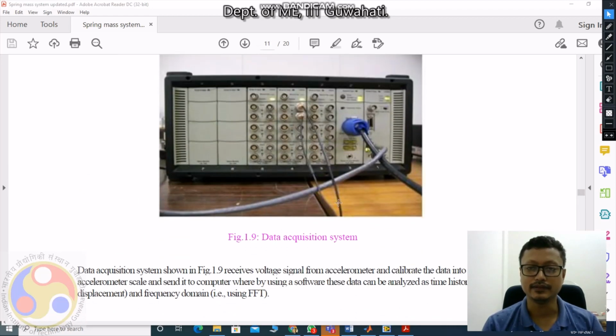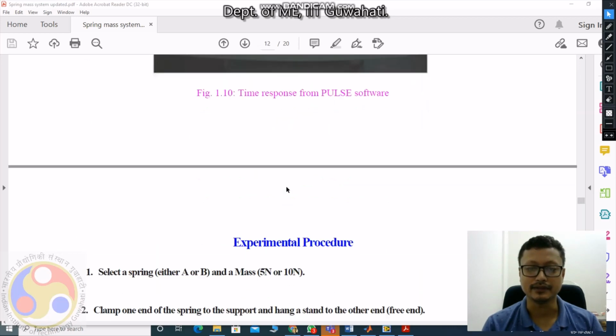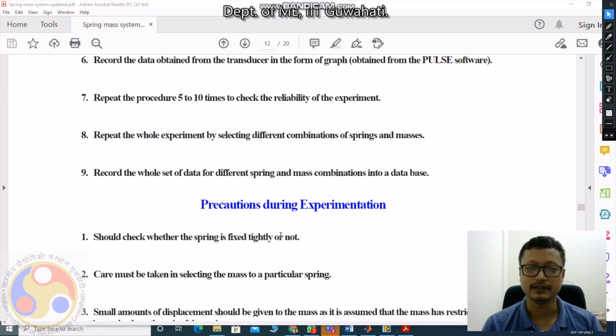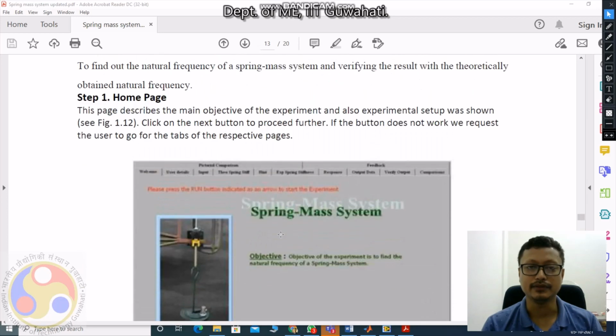This is the DAQ system from where we collect the data. I will demonstrate the experimental part in the next segment of this video, so you will get a clear view of how to perform the experiment. The experiment procedure is given, so this is how it is done virtually.